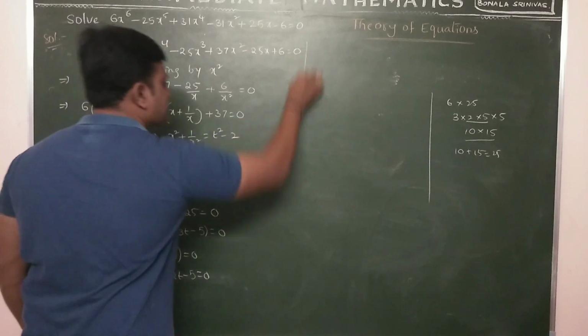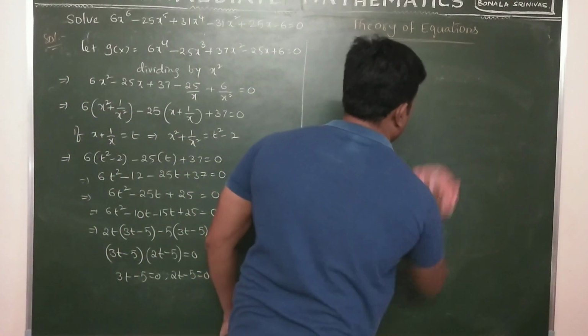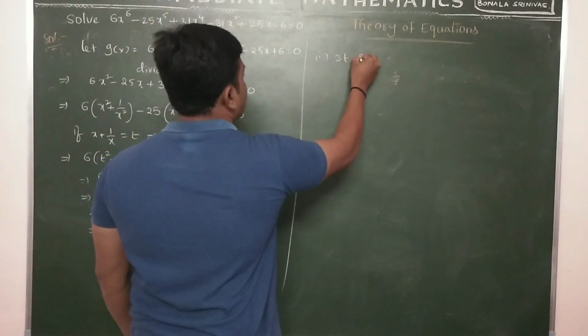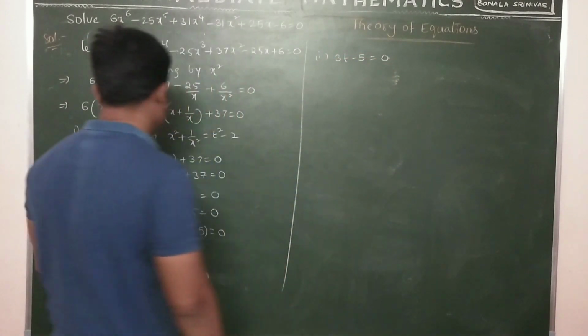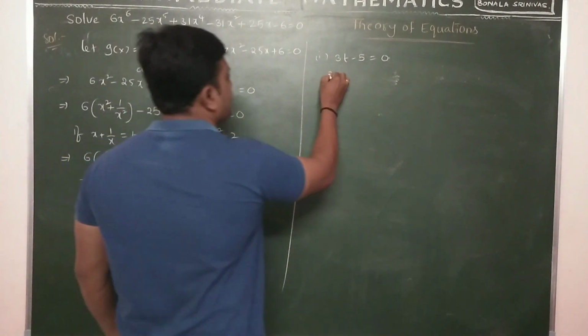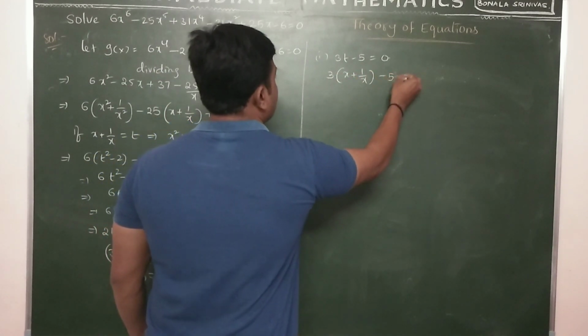Let the first one be 3t minus 5 equals 0, but t equals x plus 1 by x, as we know. Let's substitute: 3 into x plus 1 by x minus 5 equals 0.